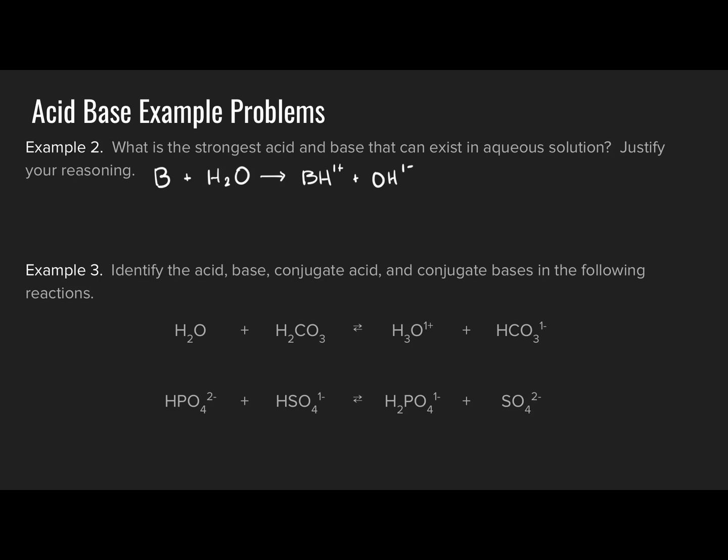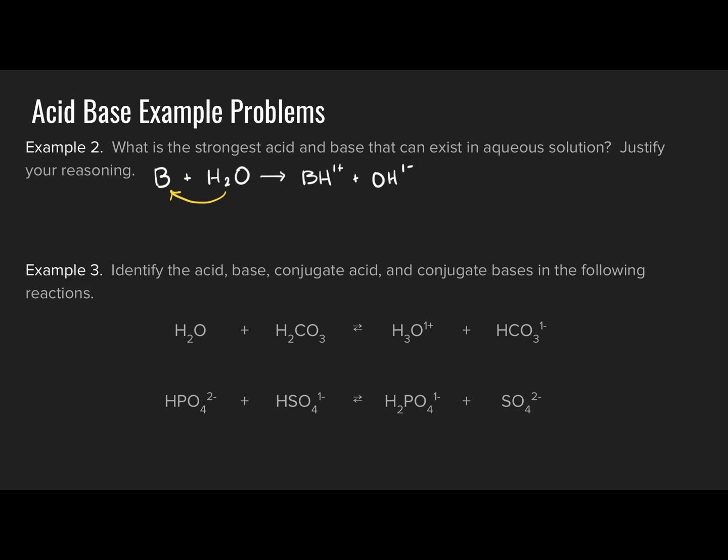And this essentially points us in the direction of our answer, because if the base B was an incredibly strong base, it likely wouldn't exist in meaningful concentration within the aqueous solution, because it would immediately accept protons from water, forming hydroxide ions.